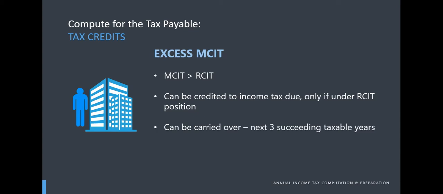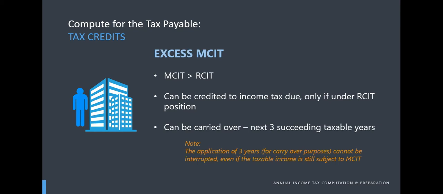Similar with the NOLCO, the excess MCIT can be carried over in the next 3 succeeding taxable years. Please take note that the application of the 3 years for carryover purposes cannot be interrupted even if the taxable income is still subject to MCIT.